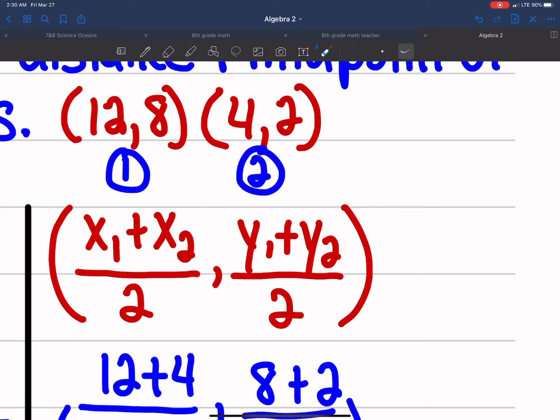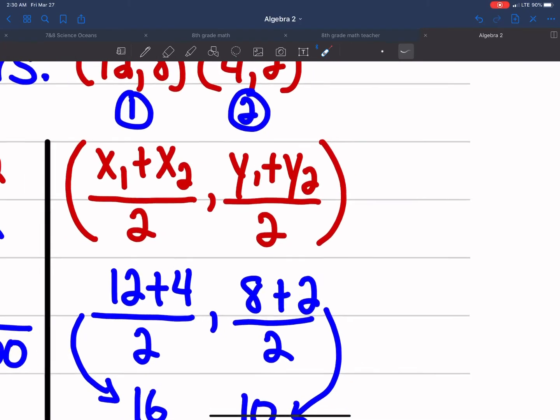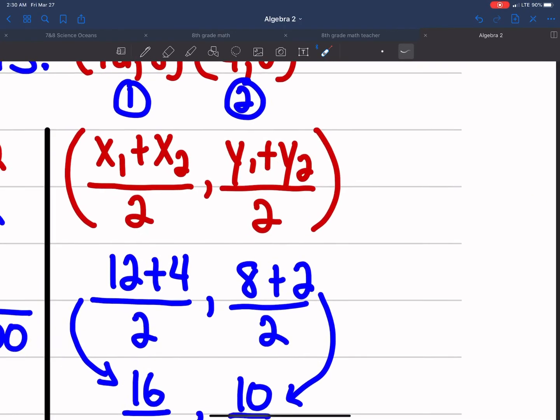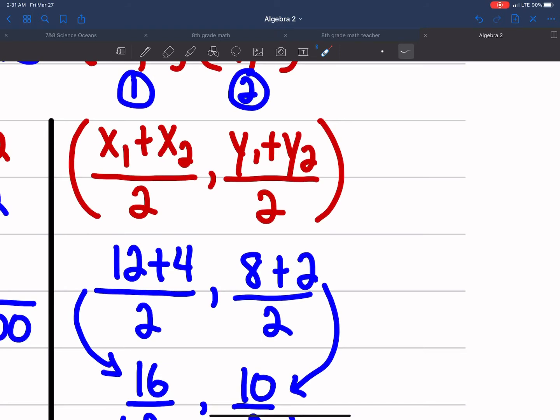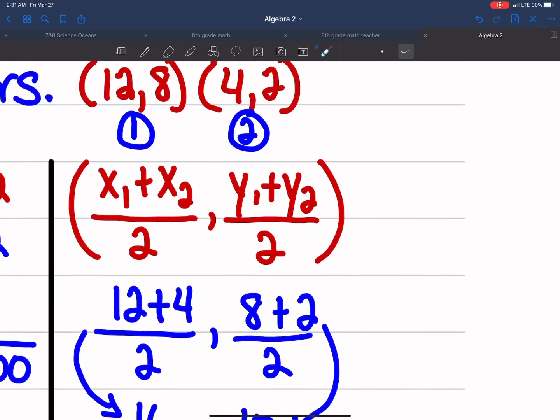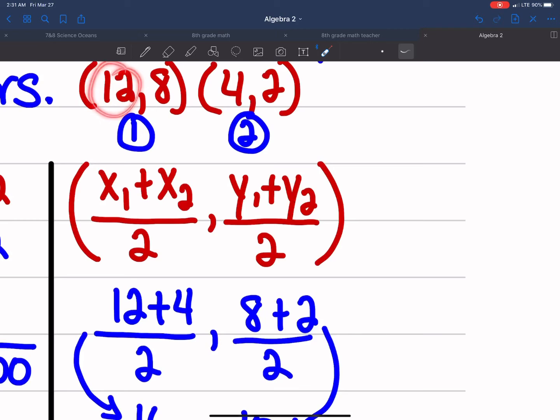So the midpoint is going to be x1 plus x2, x1, which is 12, plus x2, which is 4. And then I'm going to have y1, which is 8, plus y2, which is 2.